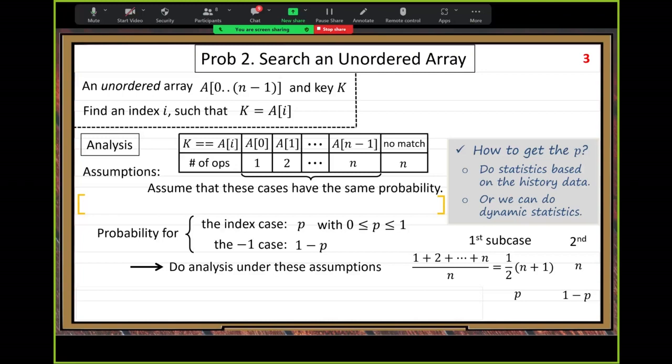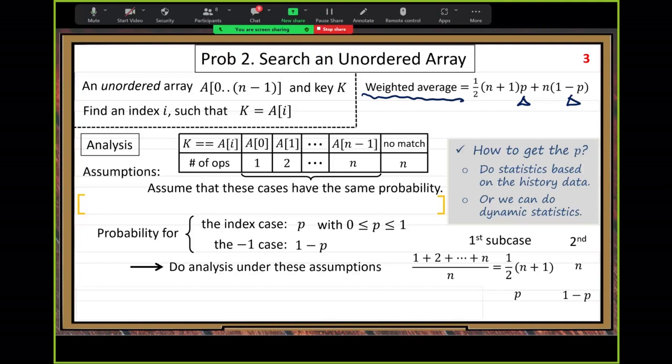How do we combine these two subcases with these two probability numbers? Here we use the weighted average approach, and their corresponding probability numbers we treat as the weights.